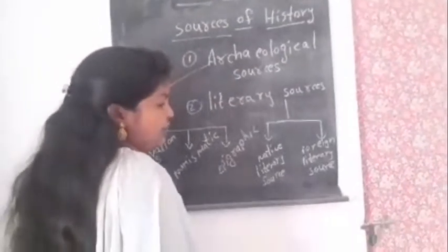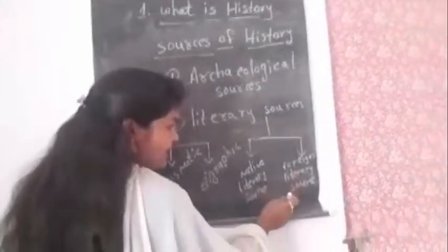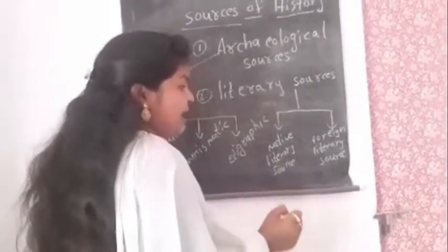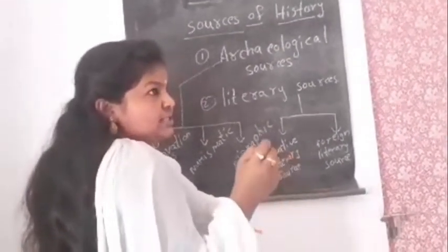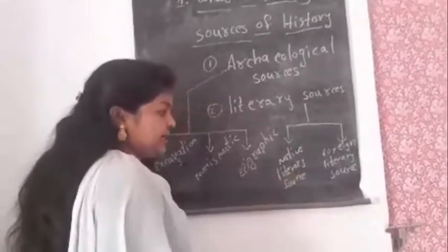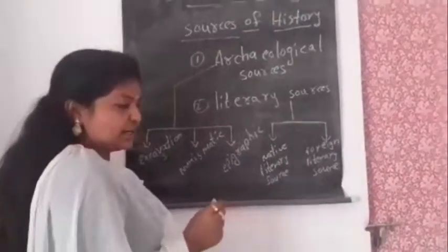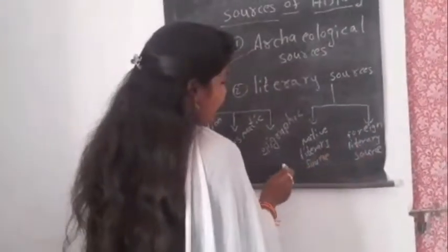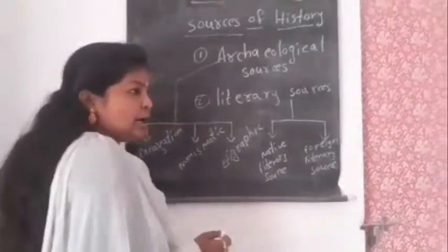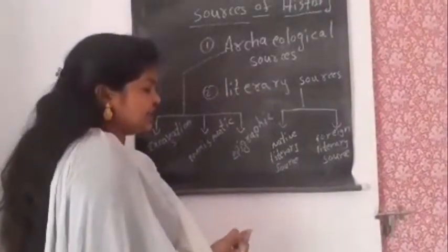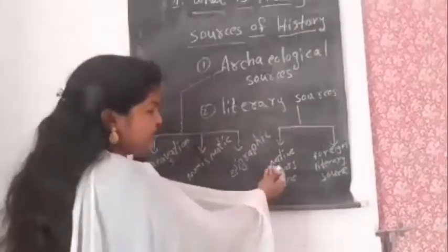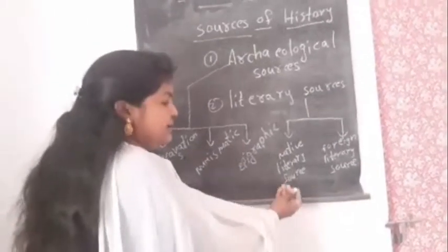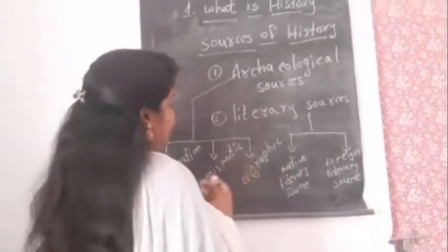Al-Biruni and Ziauddin Barani. Okay, foreign literary sources were given by two writers: one is Al-Biruni and the second is Ziauddin Barani. Both are Muslims. And native literary sources are Buddha and Jaina stories.